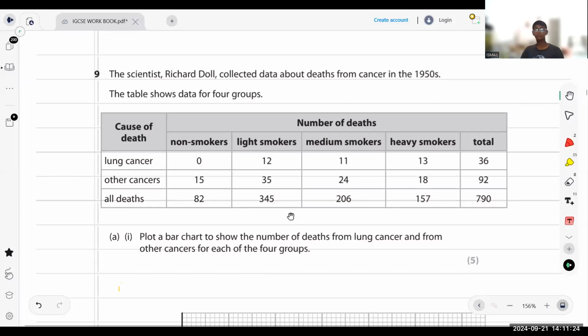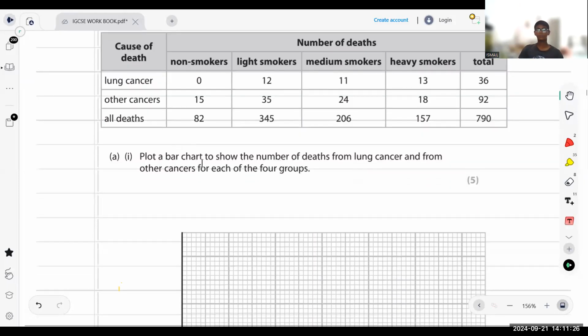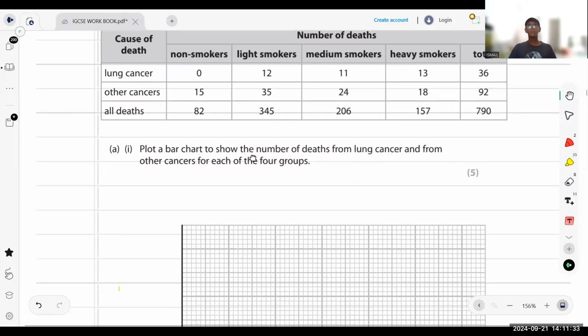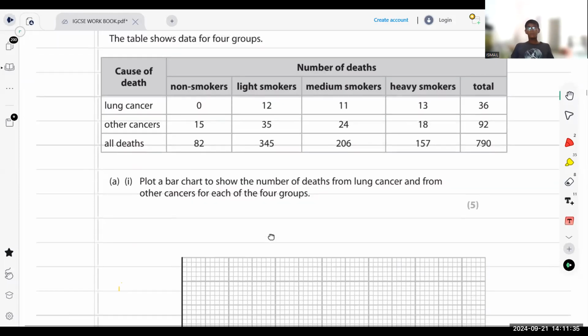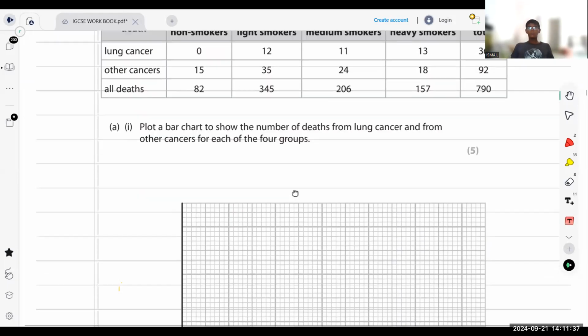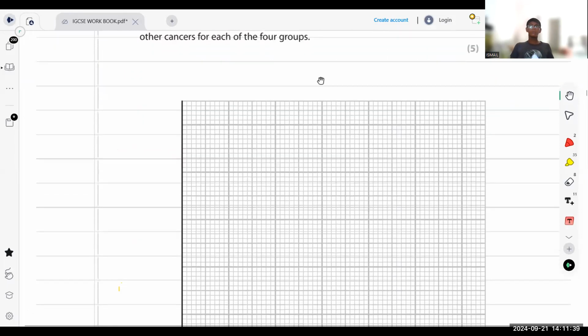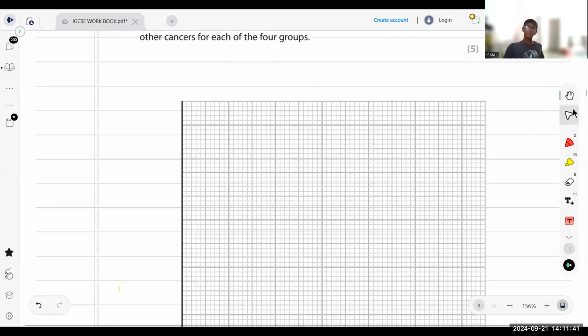This is a bar graph, not a line chart, to show the number of deaths from lung cancer and from other cancers. Okay, a bar graph is like this. You can do this graph as homework.